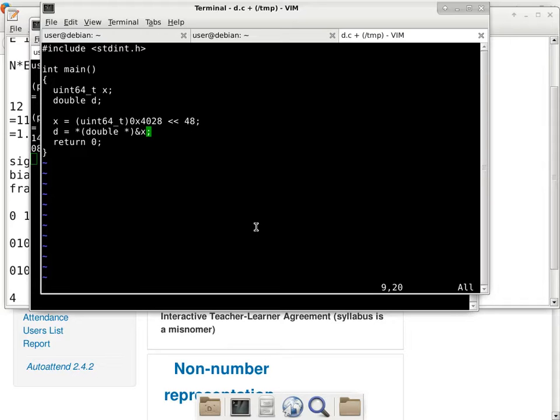The problem with representing 0 is this implied 1 point here. In other words, if you only look at how this number is formatted, there's no way to represent 0. What if you were to assign that number and then subtract it from itself?